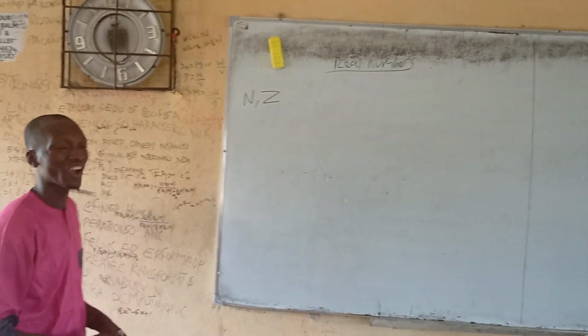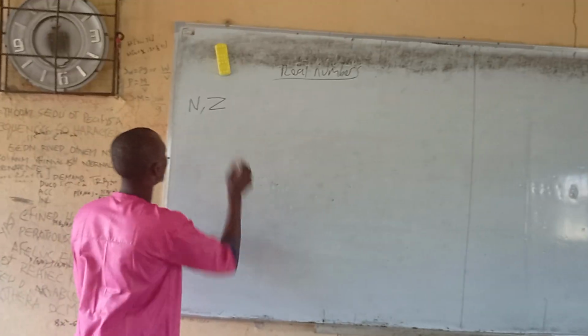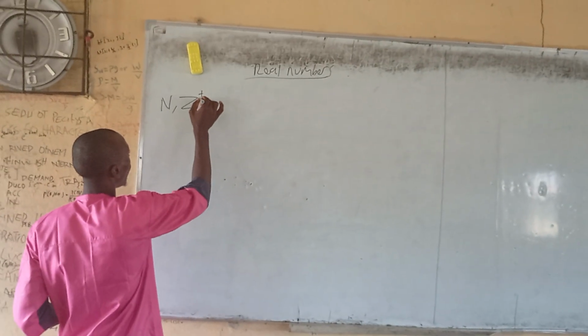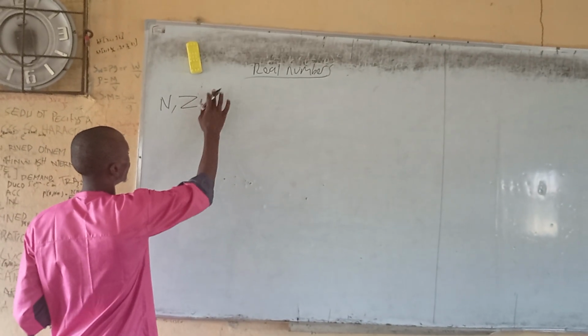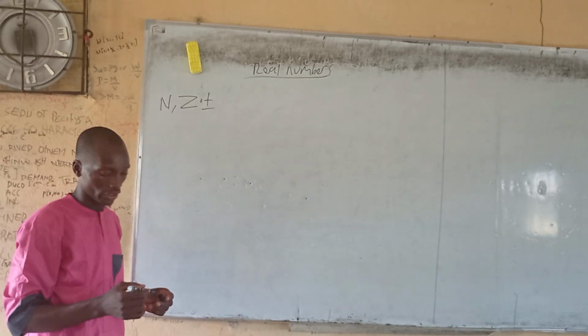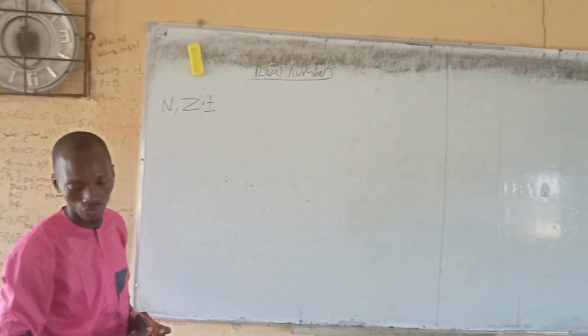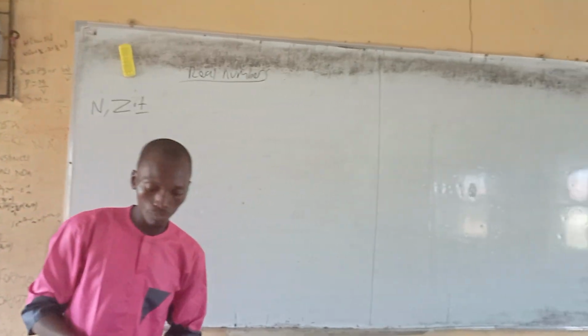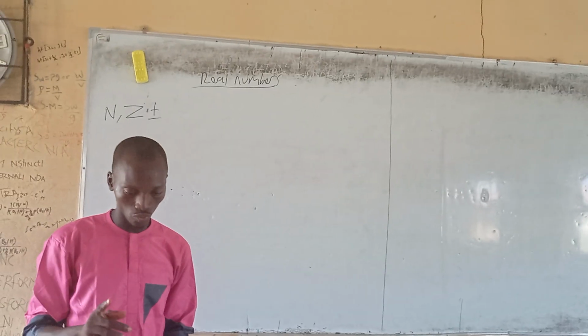We have both positive and negative integers, and it's denoted like this: plus or minus. Integers are both positive and negative. Remember, take notes.